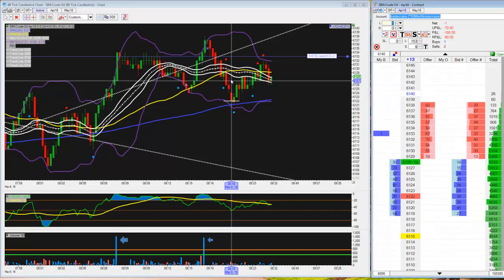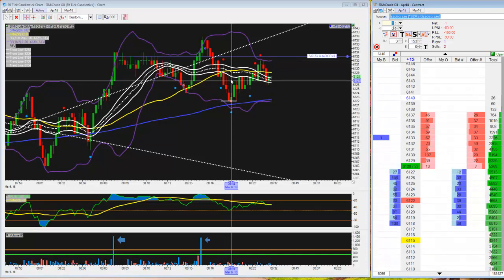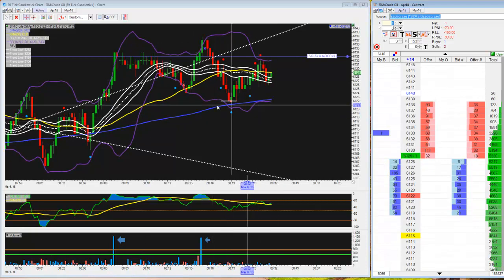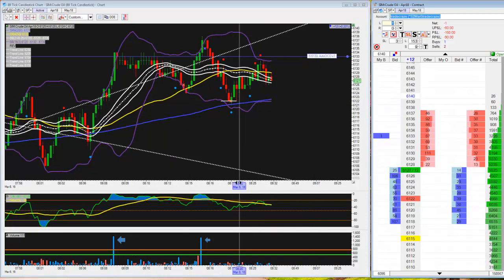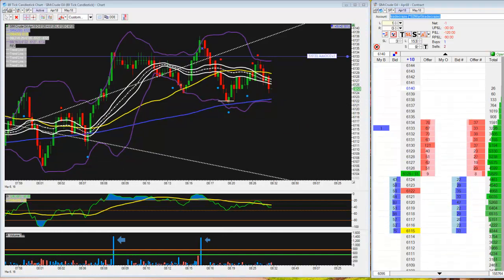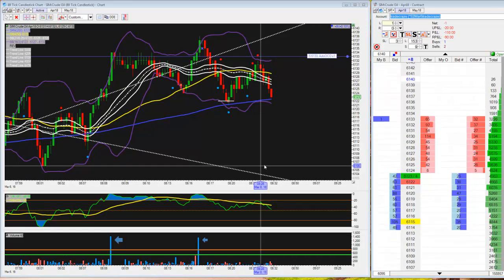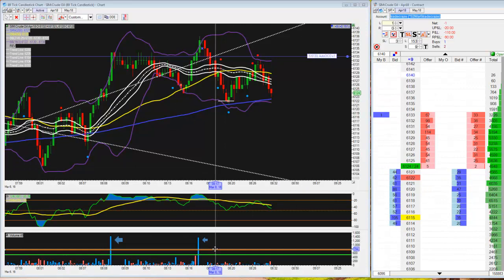Need to break down below that blue line right there. Cutting across prices right here. We need to get underneath that. Hopefully we can sell off from this point.